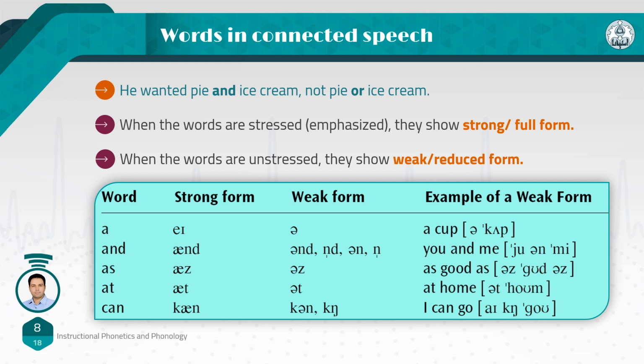Or "and," for example, you and me, instead of you and me. As, for example, as good as, or "at home." "Can," for example, I can go. When you want to emphasize the probability that you can go, you say I can go. This is the full form. I can go. This is the reduced form.